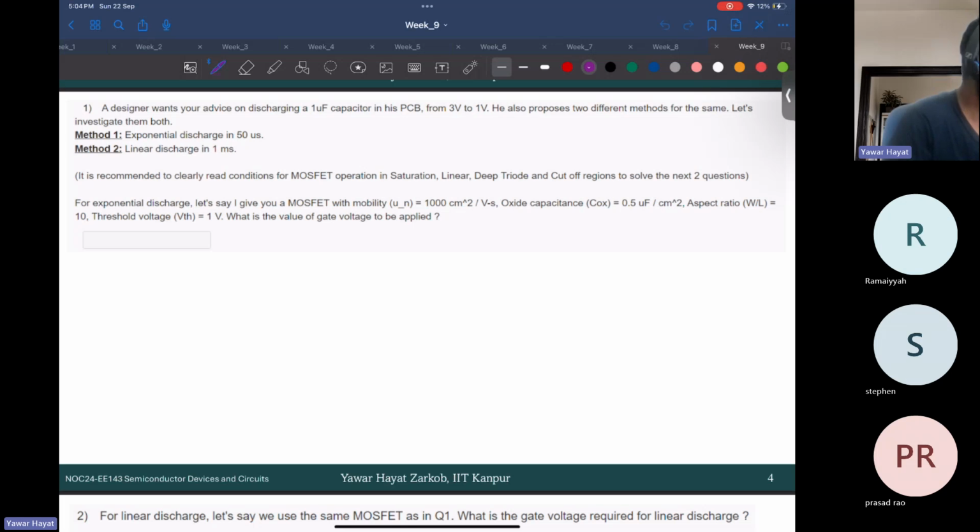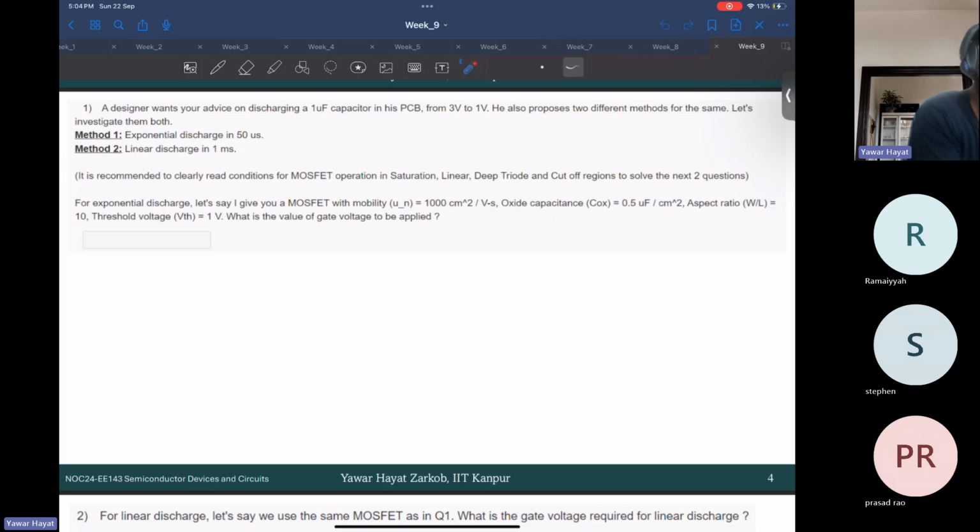Okay, leave that aside. For exponential discharge, let's say I now give you a MOSFET with mobility mu n, which is 1000 centimeter square per volt second. The oxide capacitance Cox is 0.5 microfarad per centimeter square.